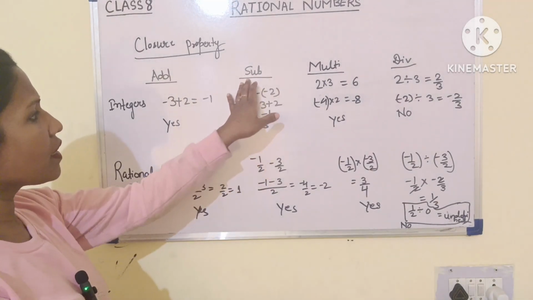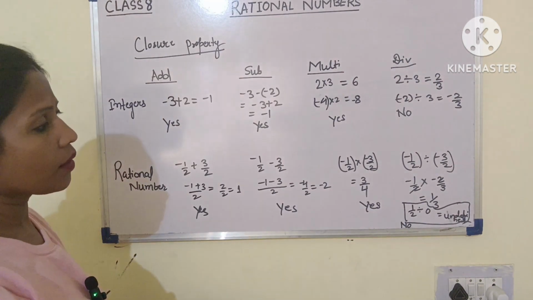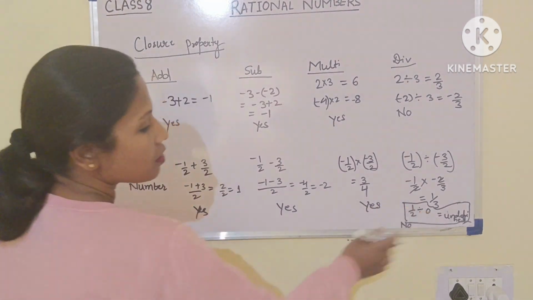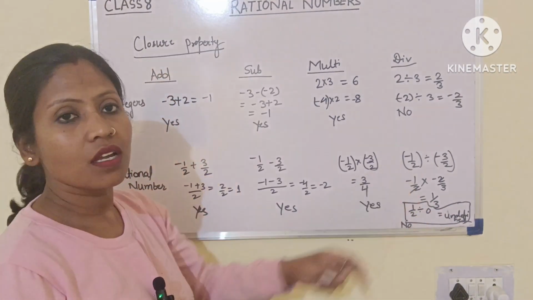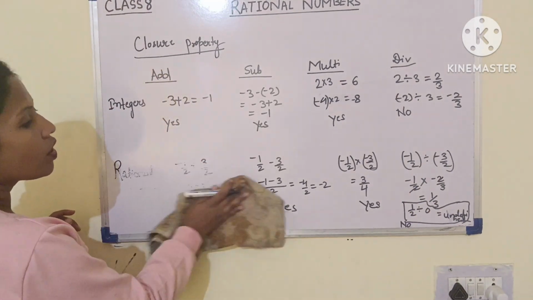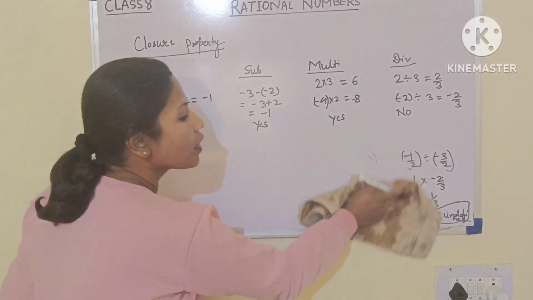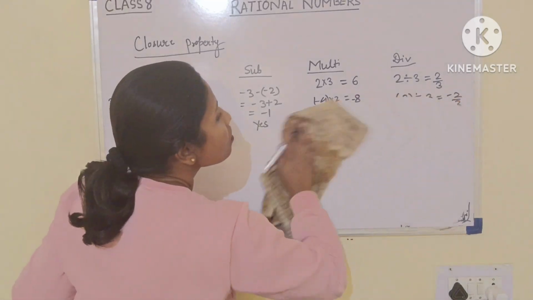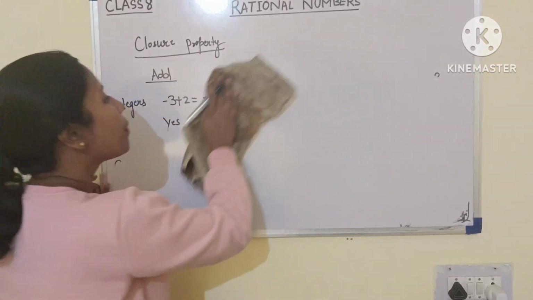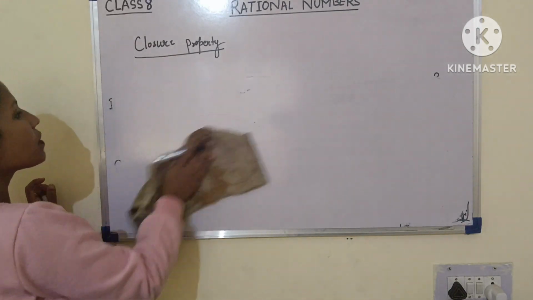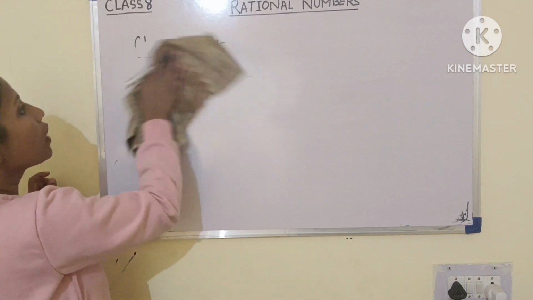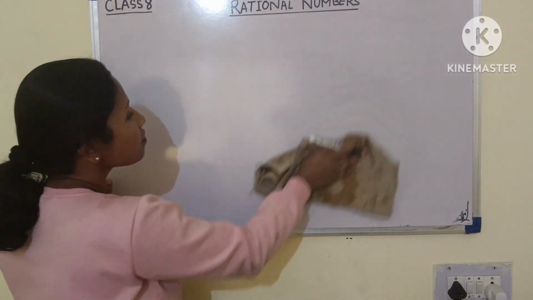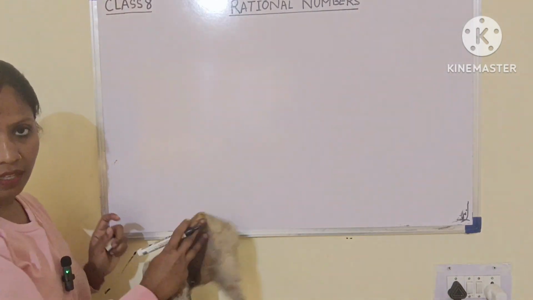Or you can prove it by integers also. And please remember this, because this is the only 0 that is stopping it from following the rule. If 0 is excluded, it will follow the rule. So this was about the closure property for addition, subtraction, multiplication and division for different kinds of numbers, like whole numbers, natural numbers, integers and rational numbers.